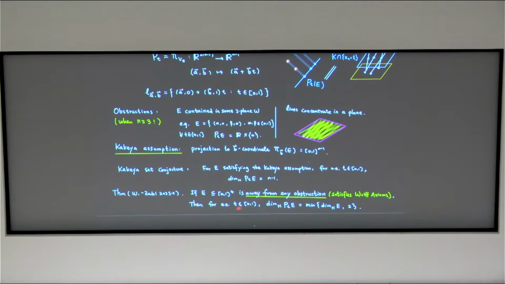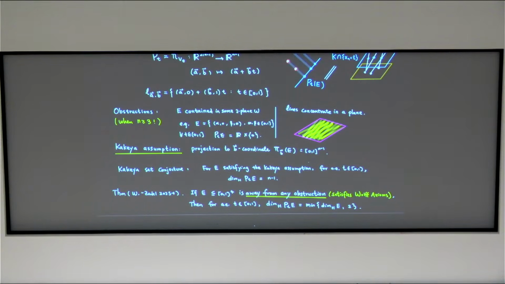Then for almost every t, the Hausdorff dimension of the projection image is the minimum of the Hausdorff dimension of E and 2. In particular, this term will correspond to the set satisfying the Katz-Tao Wolff axiom, and this term will correspond to the set satisfying the Frostman Wolff axiom.